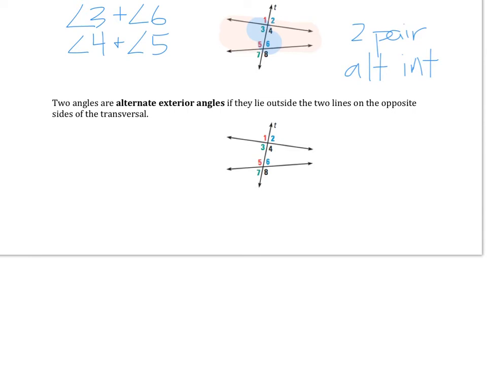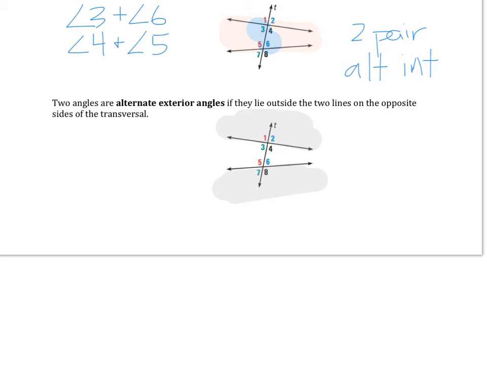We also have what's called alternate exterior angles. Think of above and below the lines. They're outside the two lines. And alternate, once again, means opposite.